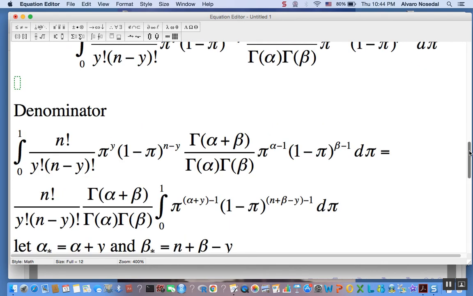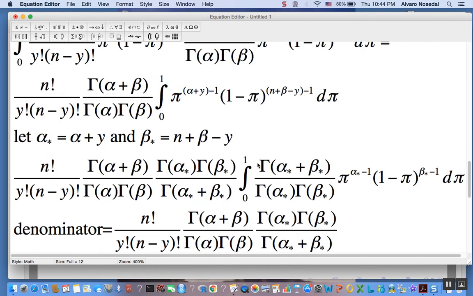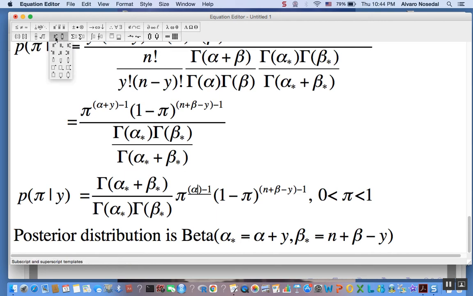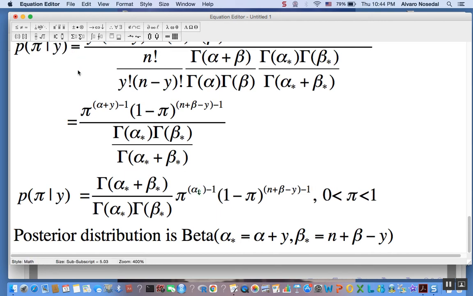When we did the math here for the denominator, that was alpha star, beta star. Make sense? Okay, so we could write it down like that just to make it look nicer.